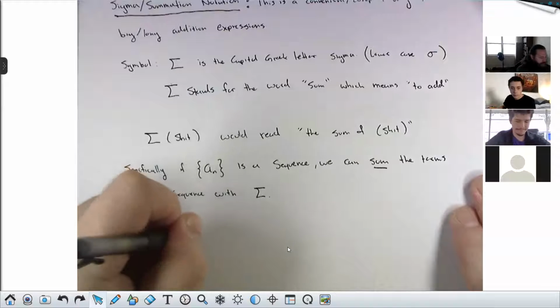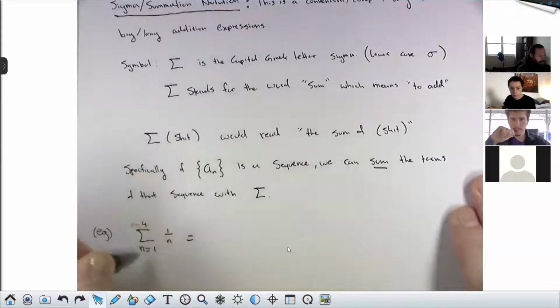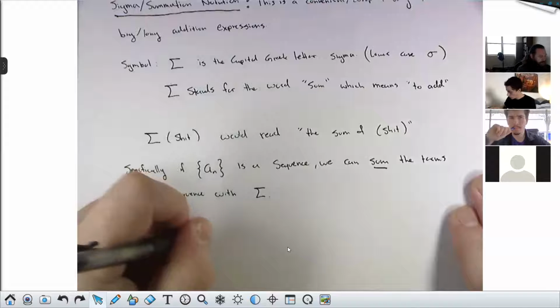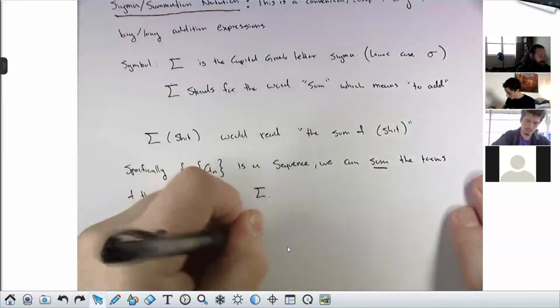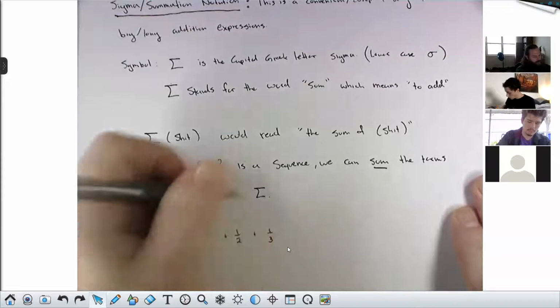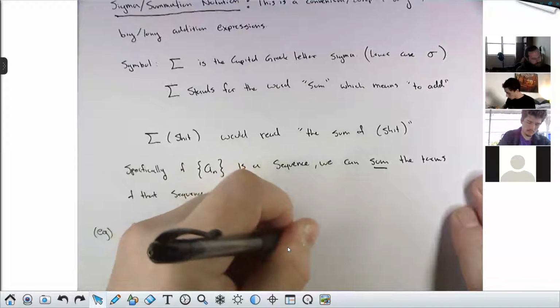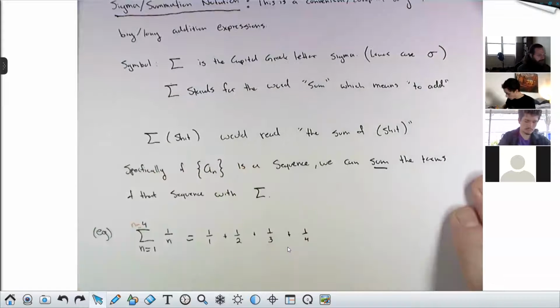So what is the sum of 1 over n as n goes from 1 to 4? Well, it's 1 over 1 plus 1 over 2 plus 1 over 3 plus 1 over 4. You see what I'm doing, right? I've got this 1 over n. I'm plugging in all the numbers for n from 1 to 4. And then, because that's what sigma tells me to do, I'm adding all of those up.